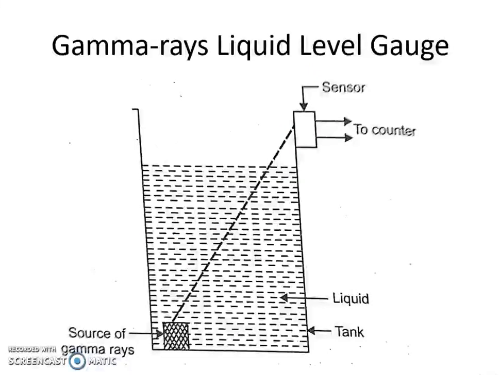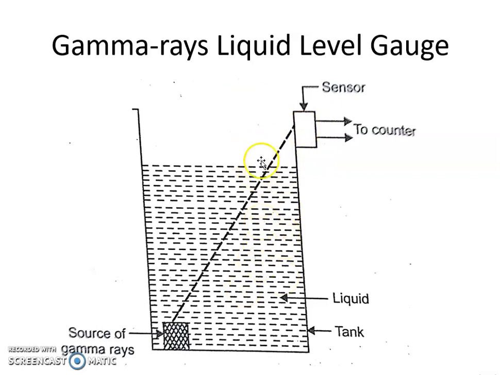Now let us see the second type of liquid level gauge, that is the gamma rays liquid level gauge. This gauge works on the principle that the intensity of gamma rays reaching the sensor varies as the height of the liquid placed between the gamma rays source and the detector varies.